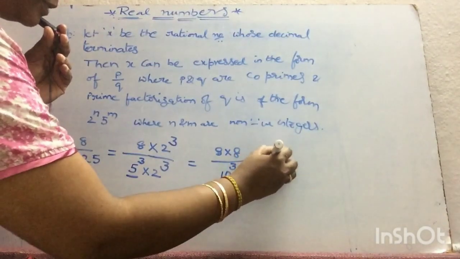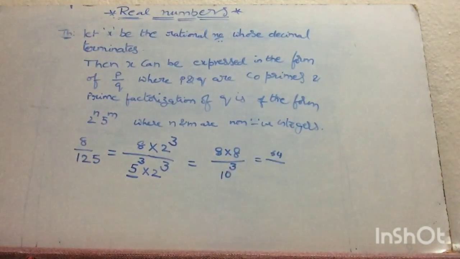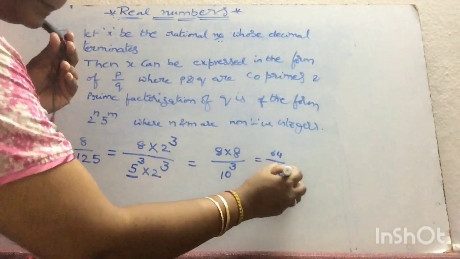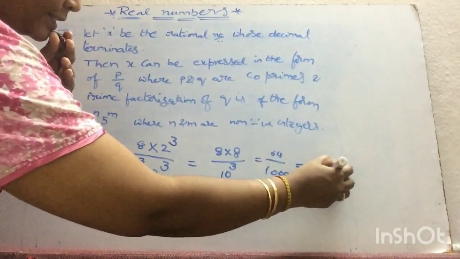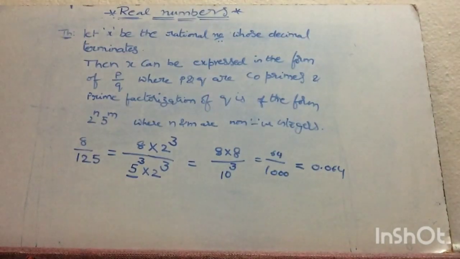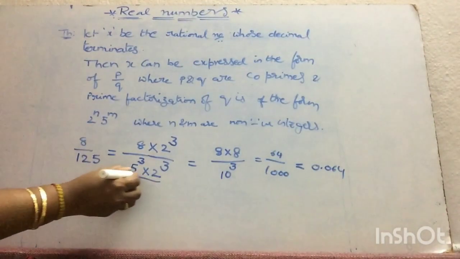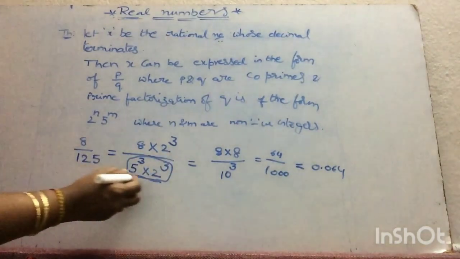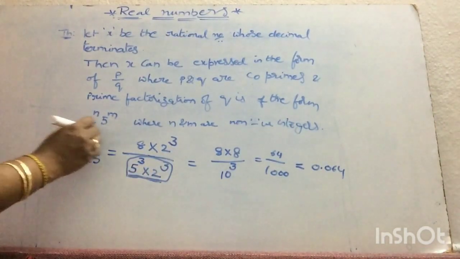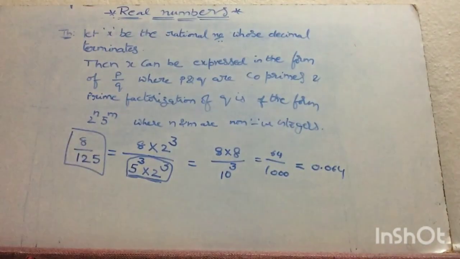That equals 64 by 1000, which equals 0.064. So if the denominator is written like this, then this particular number has a terminating decimal.